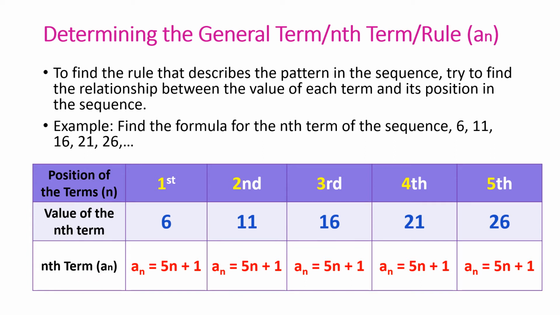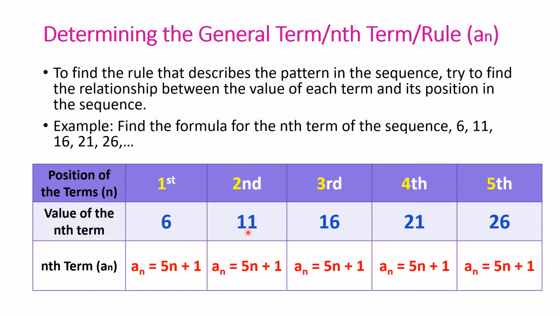Now, paano natin sisimulan? So isulat mo muna yung first, second, third, fourth, and fifth. Since yung 6 ay first term, 11 ay second term, 16 ay third term, 21 ay fourth term, at 26 ay fifth term. Now, under nung position, isulat mo yung value ng term. So, for the first term, ang value niya ay 6, na given doon sa sequence.